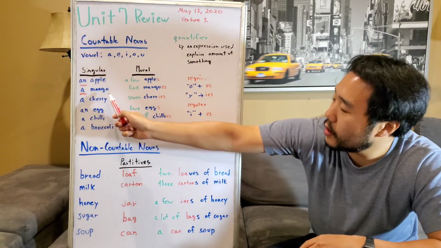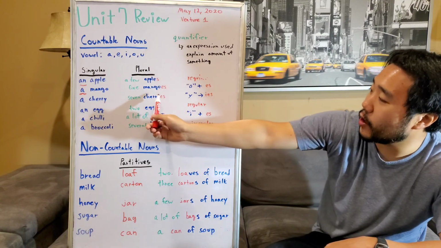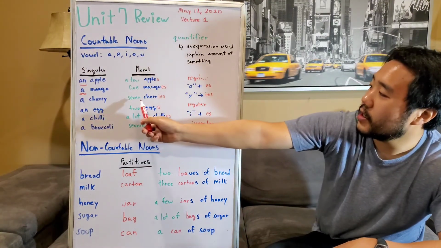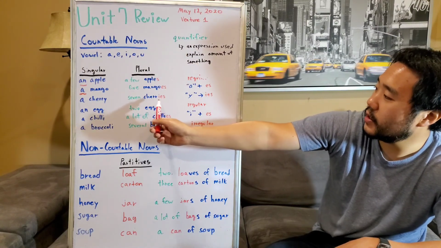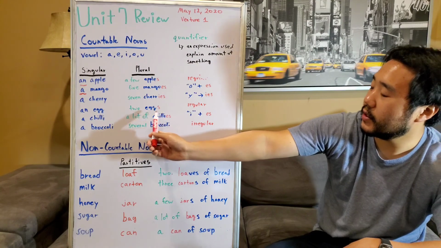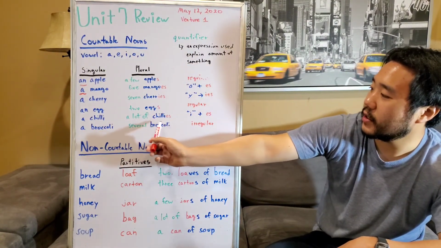A mango, in plural form, for example, would be 5 mangoes. A cherry, 7 cherries. An egg, 2 eggs. A chili, a lot of chilies.